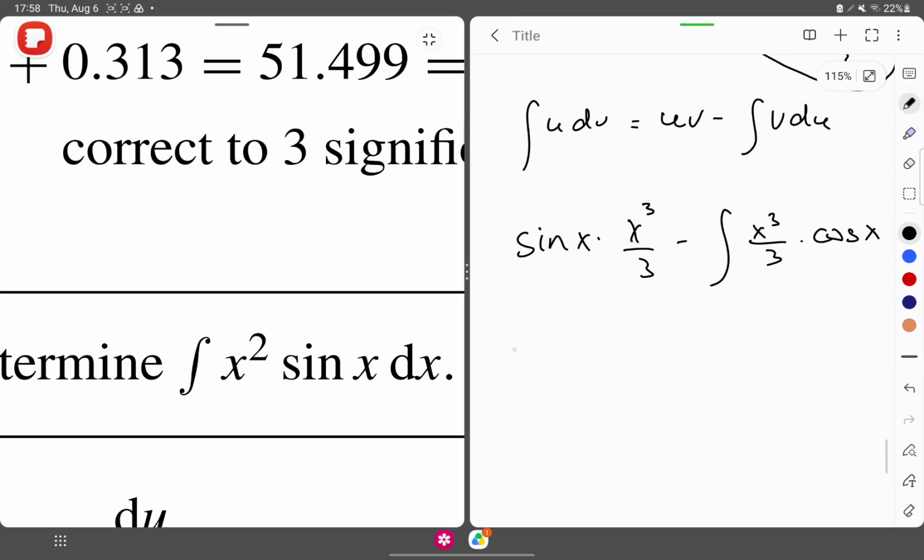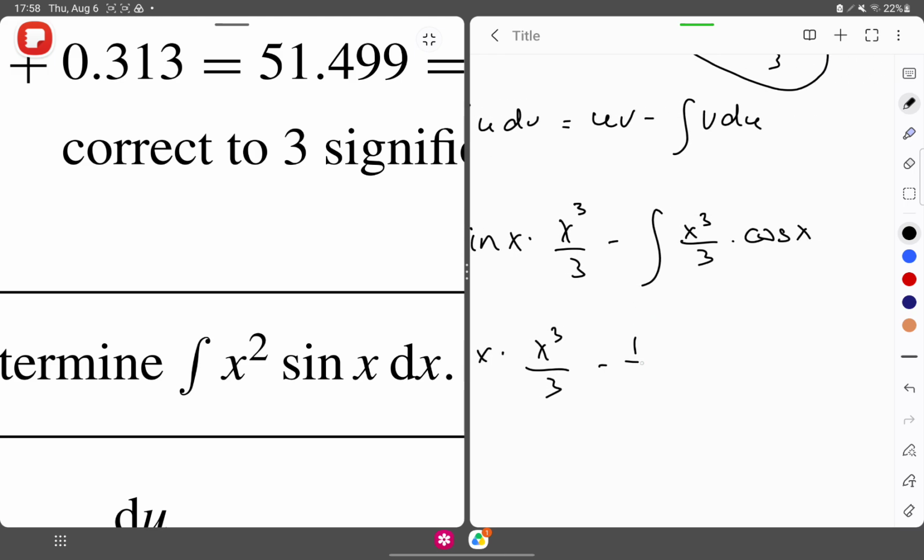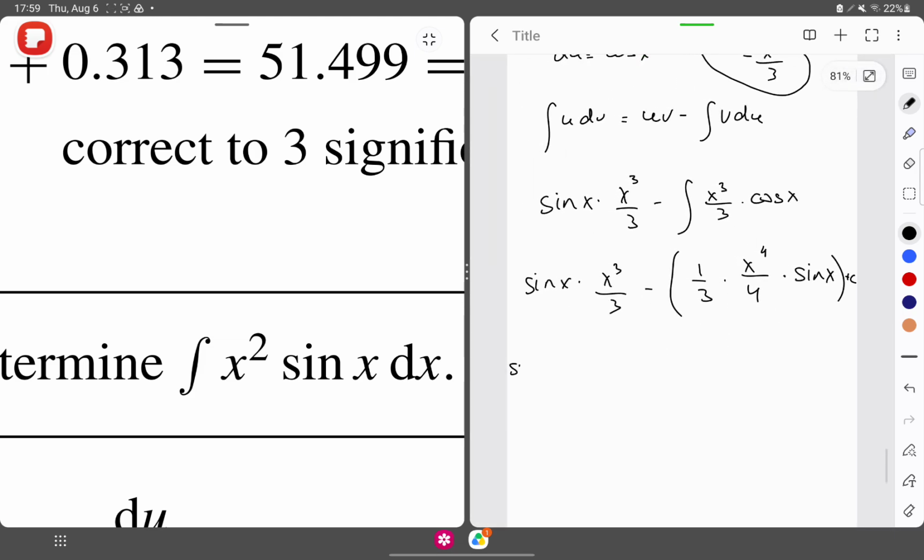Okay, sine x times x cubed over 3 minus 1 over 3, x to the power of 4 over 4 times cosine, it will always be positive, integral of cosine, I mean plus c.